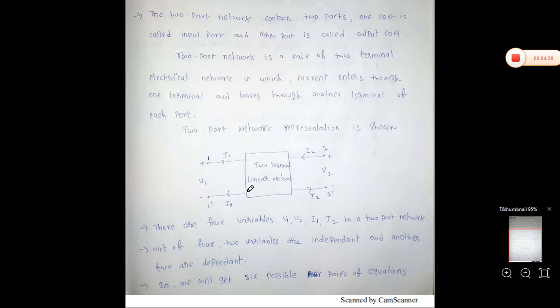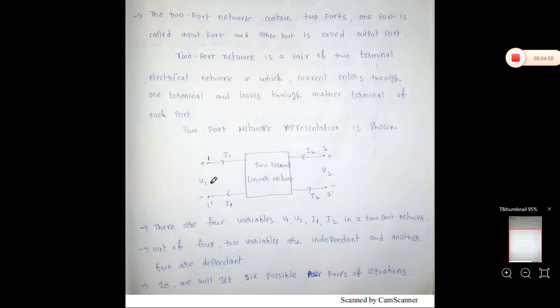This is the equivalent diagram of a two-port network. The representation of a two-port network is like this. It has two ports: this is the input port and this is the output port. Each port has two terminals. This is one terminal and this is the second terminal.